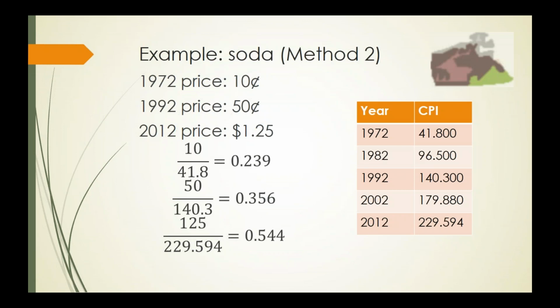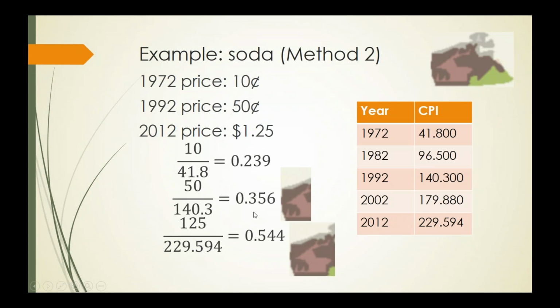And what we've done here is divide the price of an item by the unit cost of stuff. And since we took a price divided by a price per unit, we end up getting a number of units. So we're finding out how much stuff could have been bought for the price of a bottle of soda in each year. So for the 2012 amount, we get about half a unit of stuff here with a 0.54.